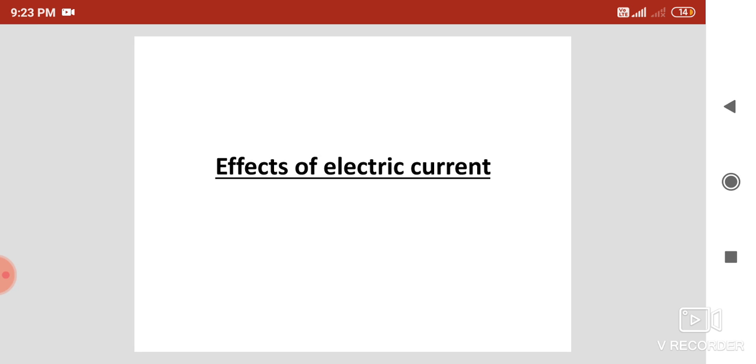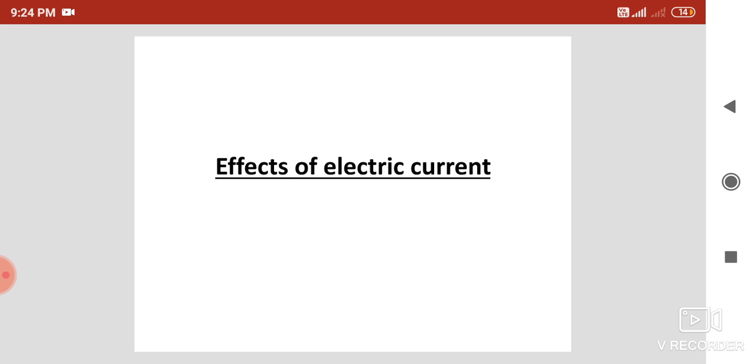After discussing the heating effect, in the fourth video we started the new effect, that is the magnetic effect of electric current. It was first observed by the scientist Hans Christian Ørsted. So we have seen the activity which was based on Ørsted's experiment.